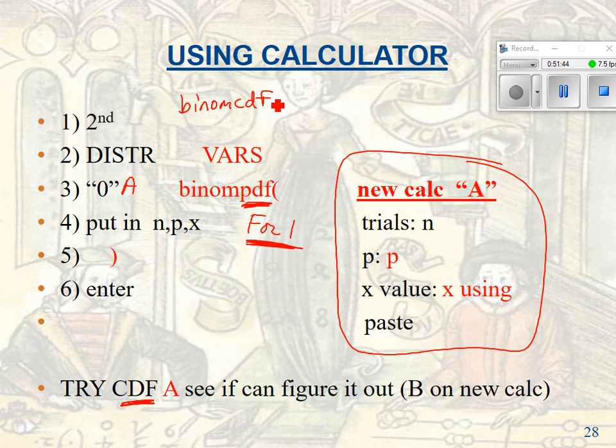And for X, we put in 7. Bet it tells you that, doesn't it? And what C stands for is cumulative. What's that mean when we're saying cumulative? Total. You're adding them all up to that certain point.